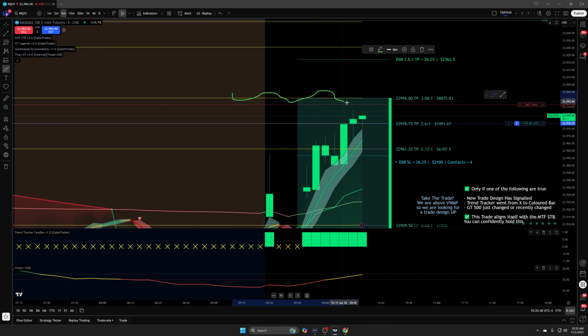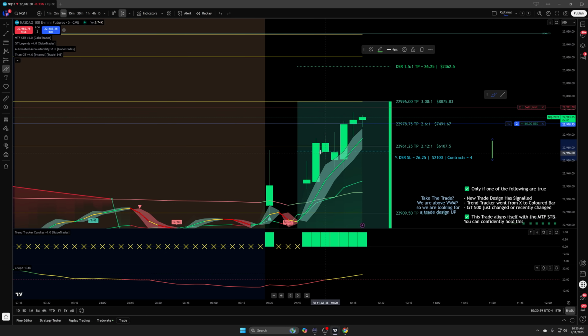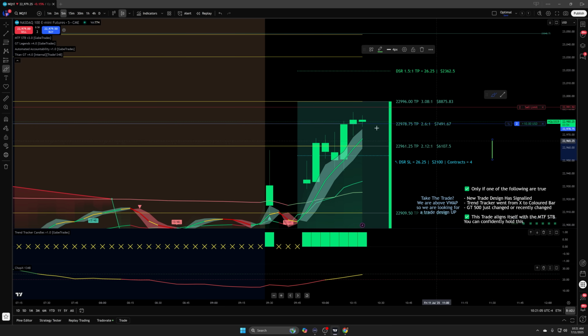So don't worry about drawing levels. That's another thing the system does really well: it draws the levels for you. As you can see, we got an obvious level here. We had consolidation and a level here. So I'm going to shortchange that level.